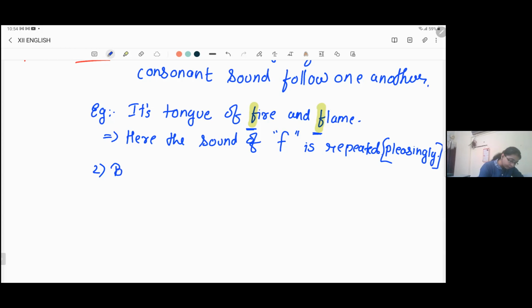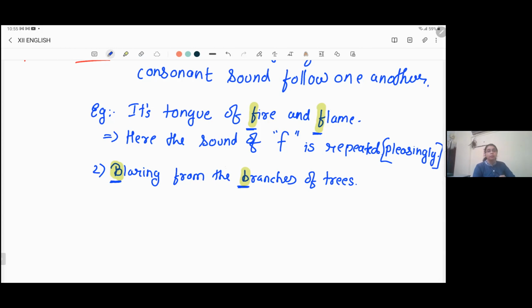Blaring from the branches of trees. Now here, the sound B is repeated.